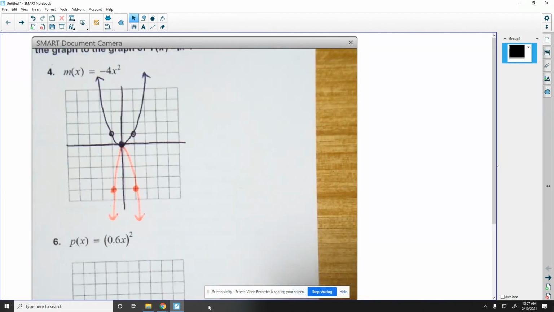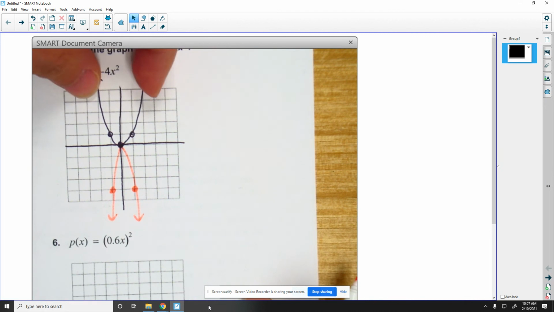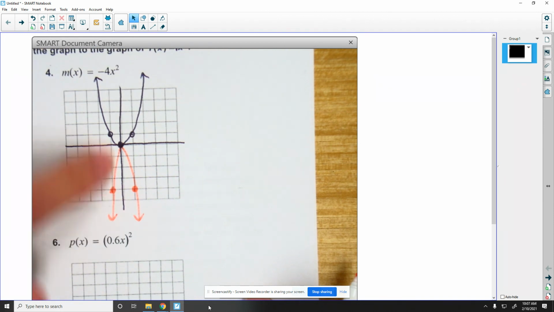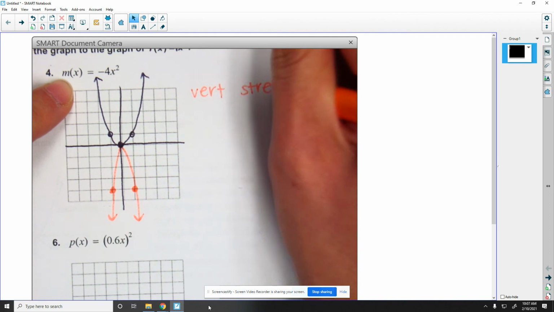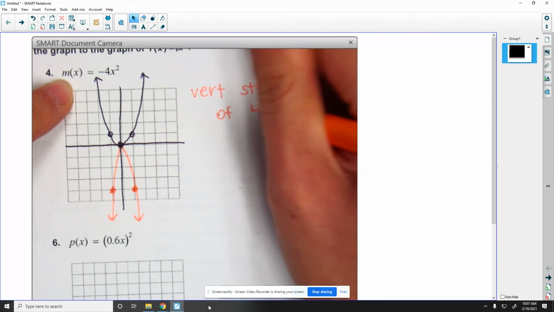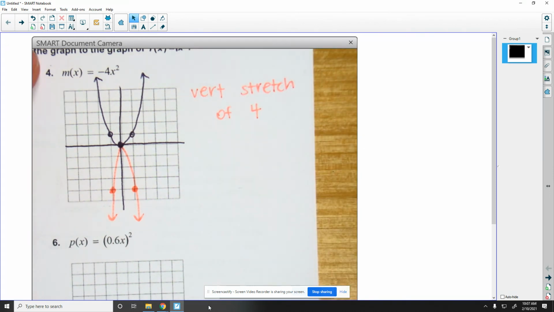Okay, so now let's compare. I went from here, and I still made it skinnier. So even though it's facing in the opposite direction, you see how I still made it skinnier? So if I still made it skinnier, then it's still a vertical stretch of 4, or you can say negative 4. The negative doesn't tell you anything about the stretching or shrinking. It just tells you if your picture goes up or down.